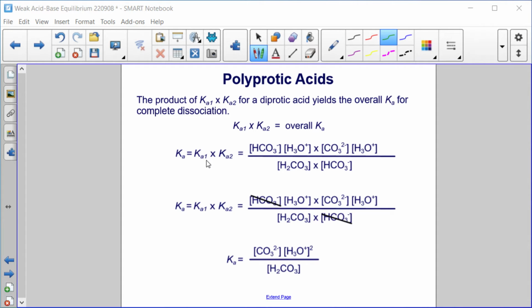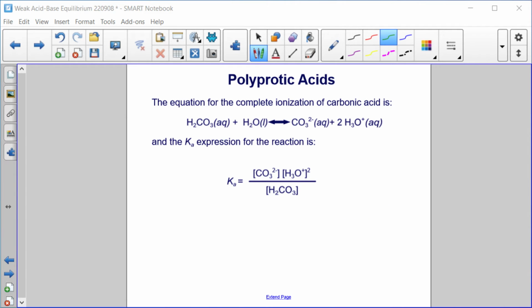So if I multiply these two Ka values together, the first multiplied by the second, we see that bicarbonate appears in both the numerator and denominator, and this simplifies to CO3 concentration times H3O+ concentration squared over the concentration of H2CO3.